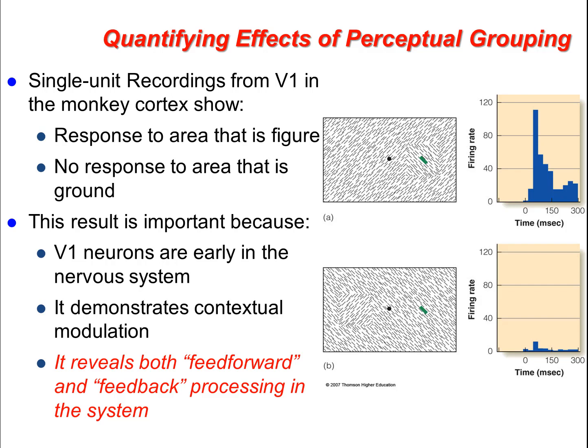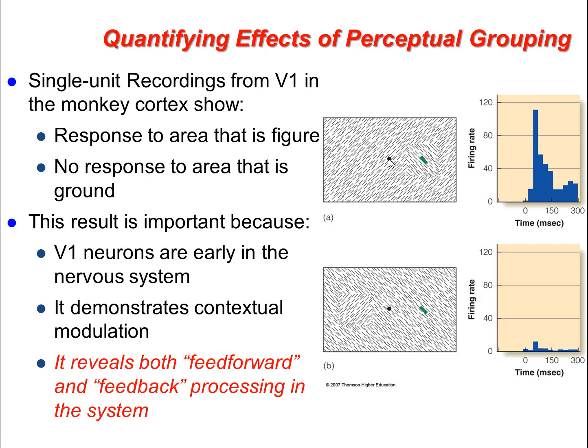This is really important because it tells us that neural activity is modulated or affected in the very early visual areas. So on the right here, what I'm showing you is an image that was shown to the monkey. These monkeys were trained to hold their eyes fixated at this central spot.